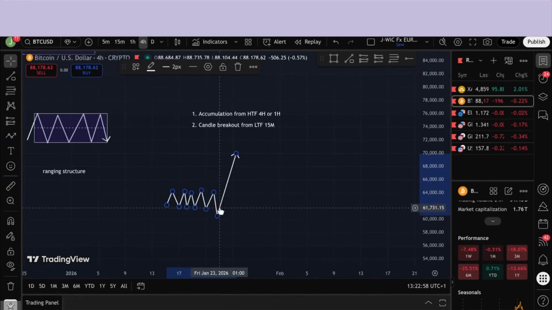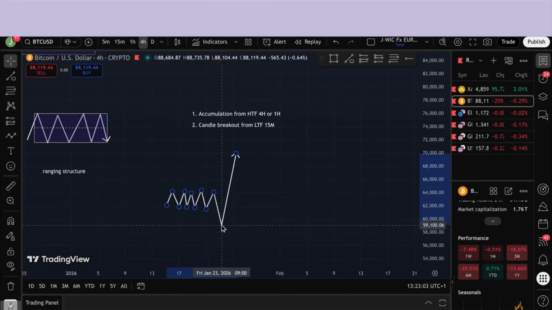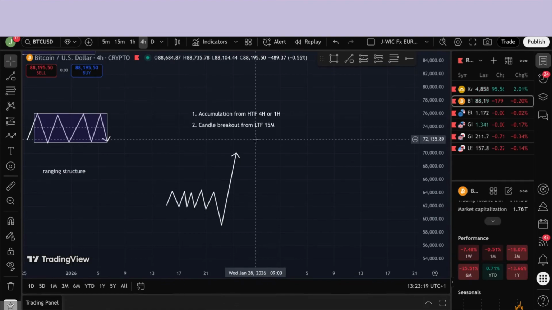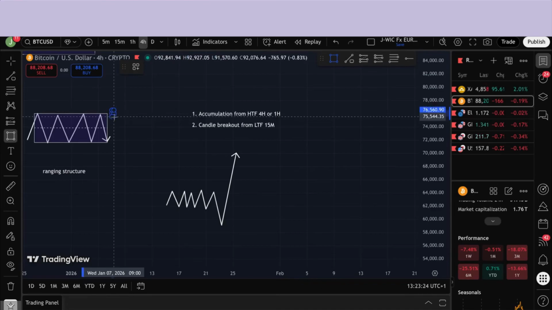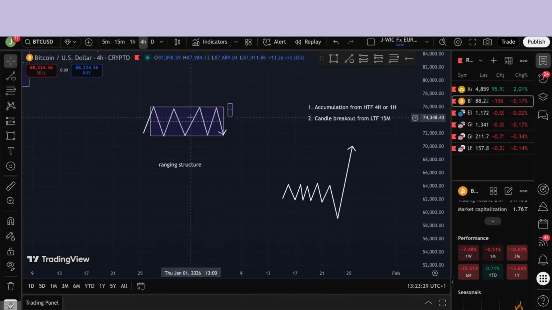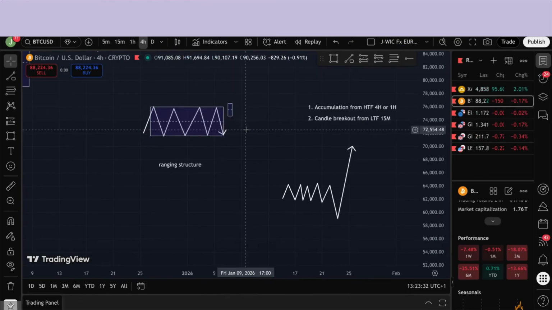You can catch this moment either when it wants to manipulate or when it's distributing. When it manipulates, it will leave you with a candle wick. The candle breakout has to be a full body candle that closes above the range.